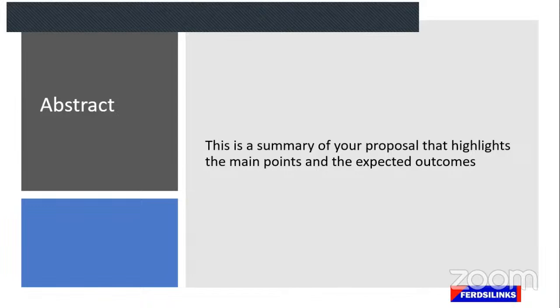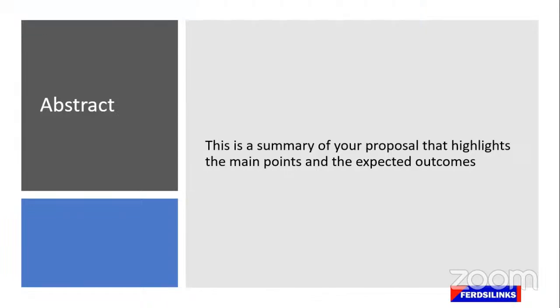Now, things to note. An abstract is a summary of your proposal, highlighting how you intend to go about it and the expected outcome. Remember, although it might seem like the second thing, an abstract is always the last thing you write when it comes to scientific writing. It's a summary of what you will do, but it's the last thing that you write.